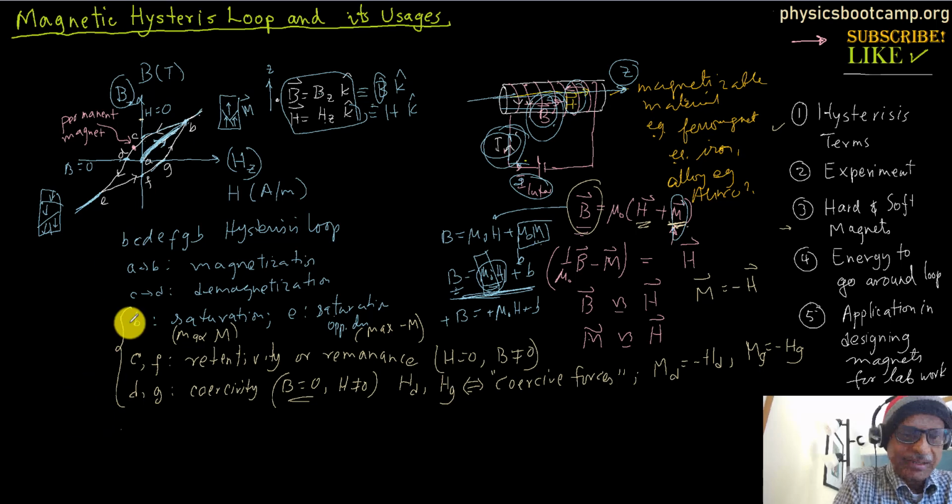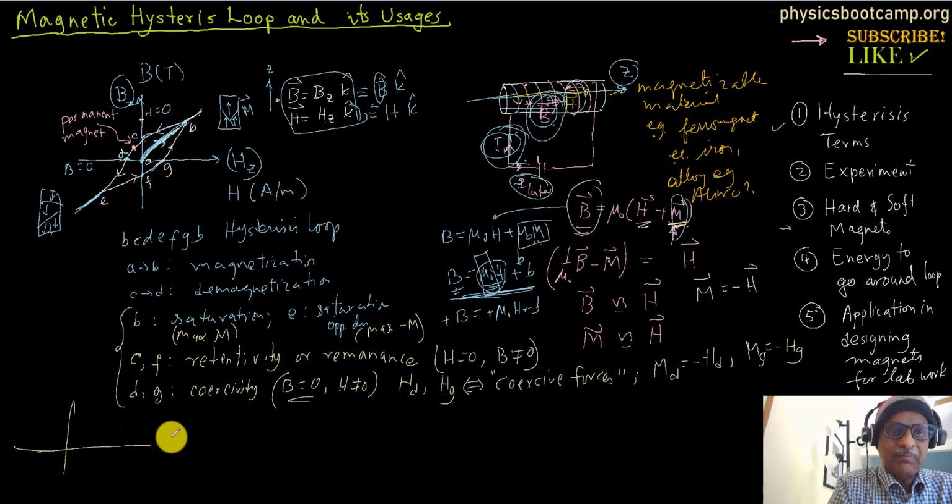So for the hard and soft magnets, if you look at the BH curve, for the soft magnet, this curves very easily. So this is very narrow, and so this is soft.